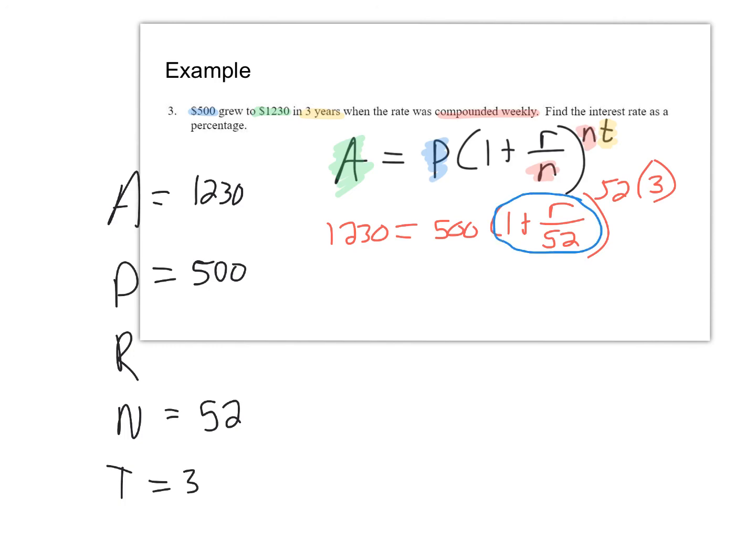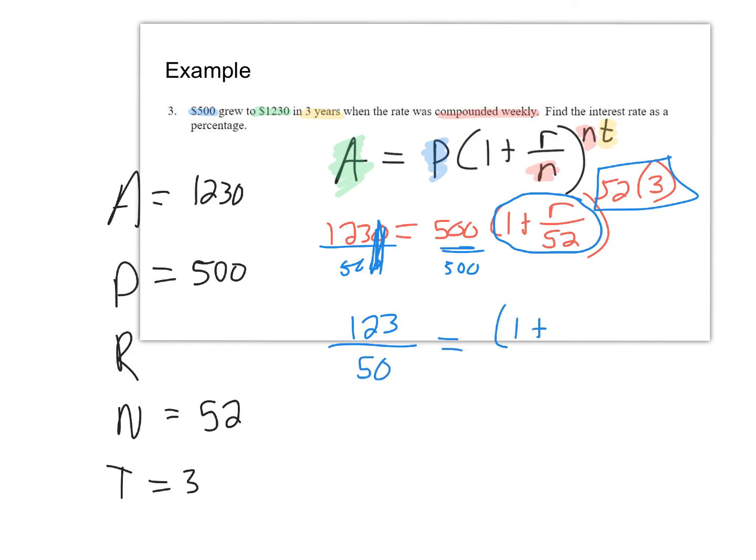So our start is going to be dealing with this guy. We're going to divide it off. I'm going to reduce by a factor of 10, so I get 123 over 50 equals (1 plus R over 52) raised to the 156th power.